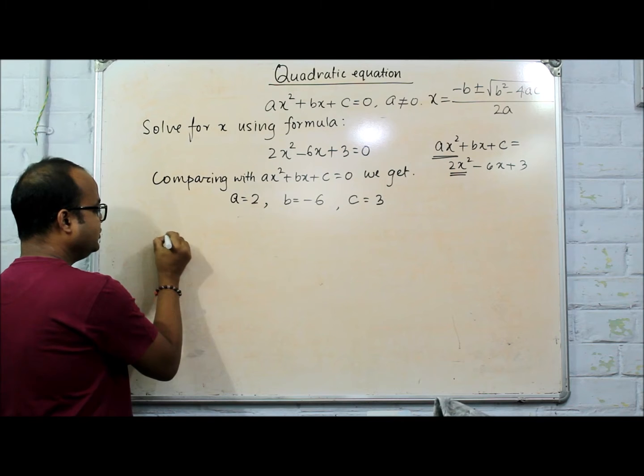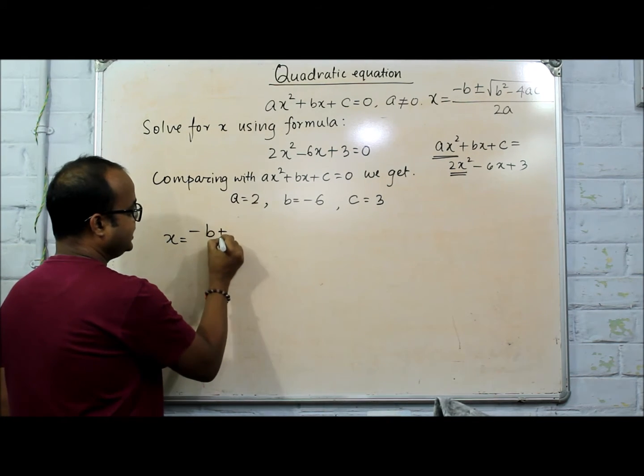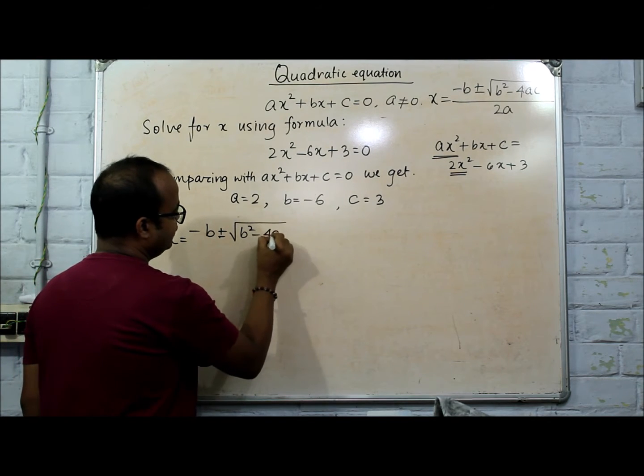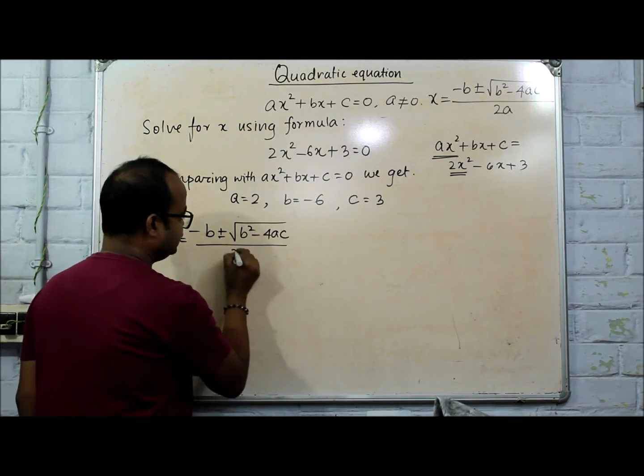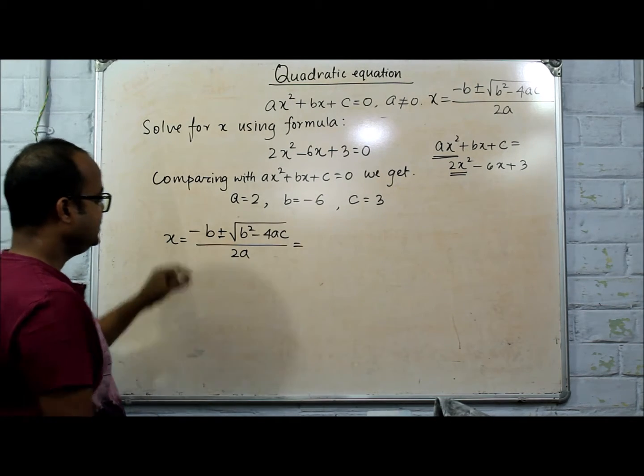Once you get the values of a, b and c by comparing these two equations, then we write the formula. Therefore, x is equal to minus b plus minus square root of b square minus 4ac by 2a. Now substitute the values.